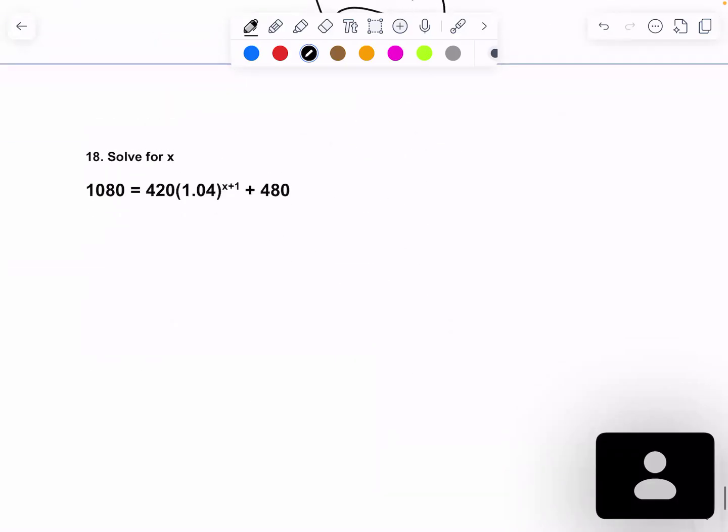Last one. All right, we got to solve. And notice we have an exponential here. So the first thing I'm going to do is subtract 480. I want to get the exponential term by itself. Okay, 1080 minus 480, that's 600.